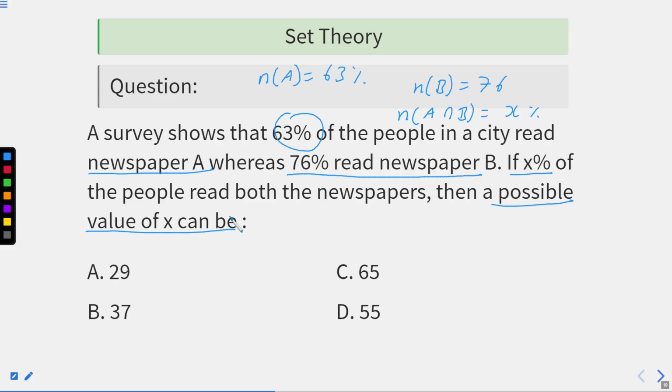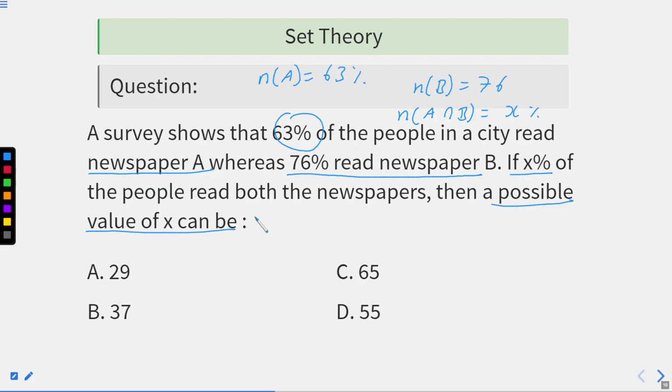The previous question was: what is the value of X that cannot hold the condition given in the question. But here the question says find the possible value of X such that the condition given above must be satisfied. Let's begin with the same approach.